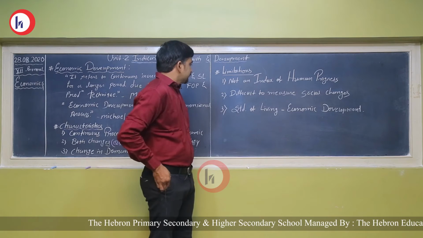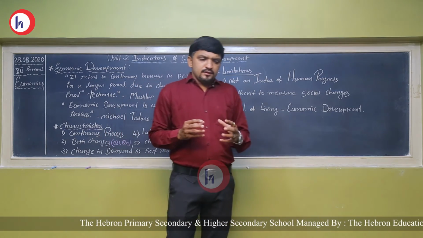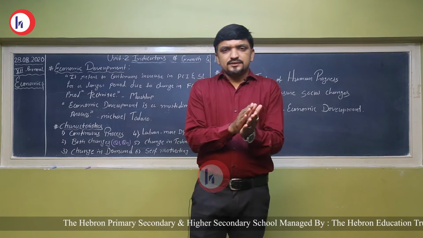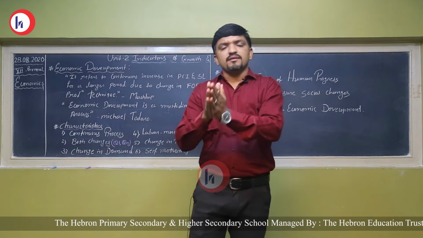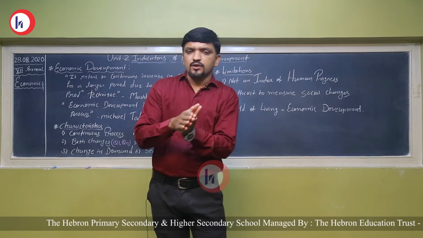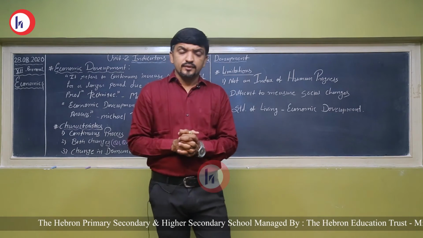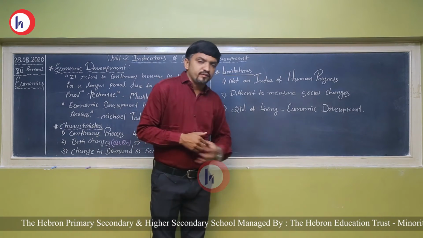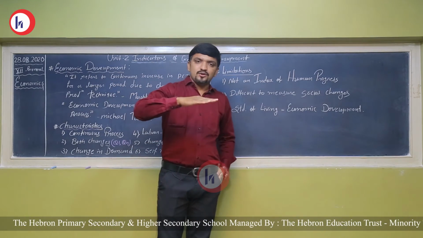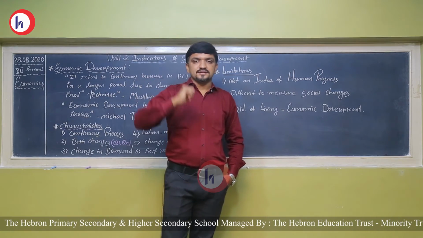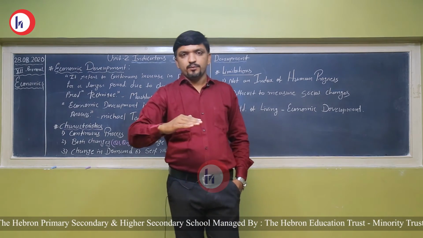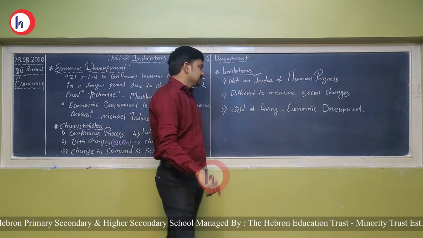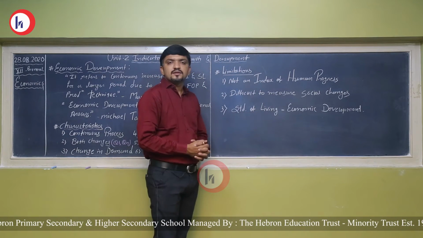Number three is like, it is said that if the degree of economic development rises, it results into a good standard of living. Economic development rises, the degree of economic development rises, increase in the economic development increases the standard of living.